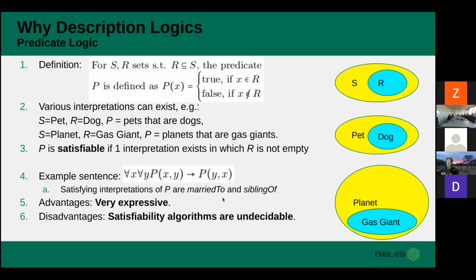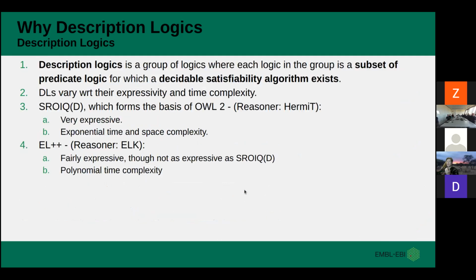The value of predicate logic is that it's very expressive. But the problem is it doesn't have decidable algorithms for satisfiability checking. This is where description logic comes in: description logic is a subset of predicate logic for which there are decidable satisfiability algorithms.